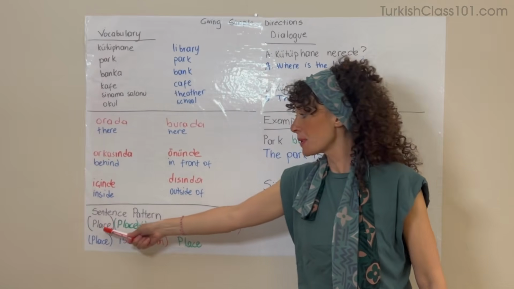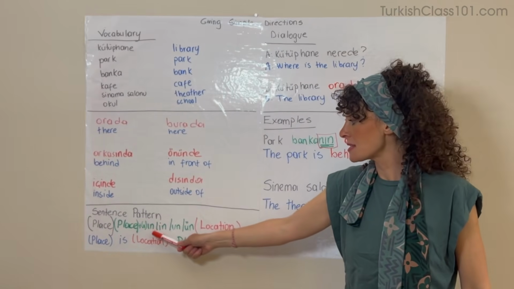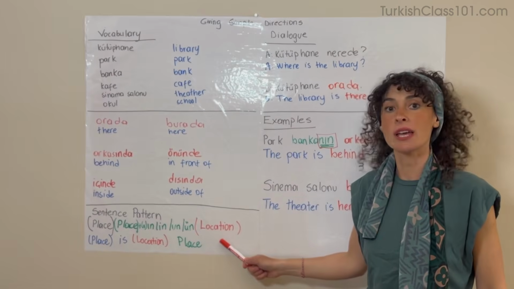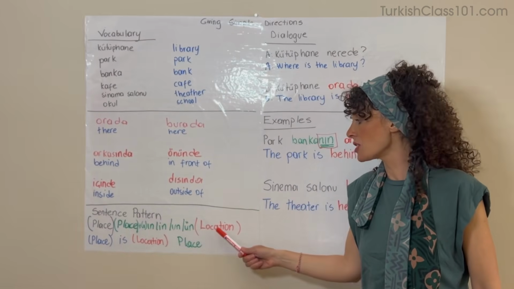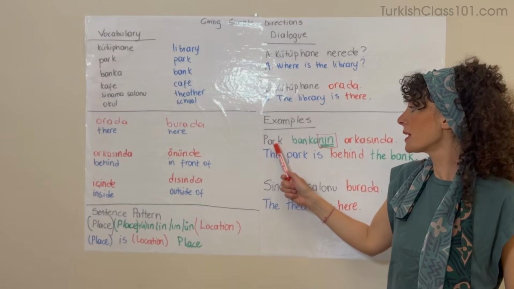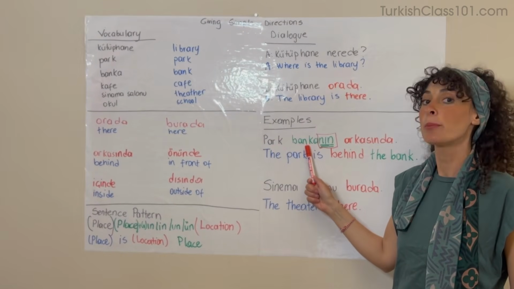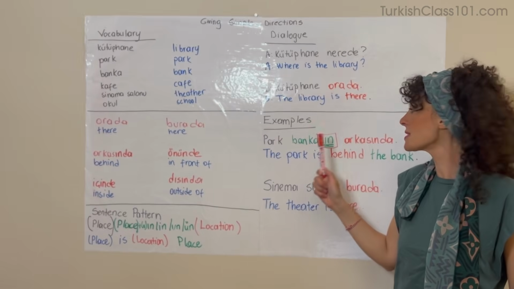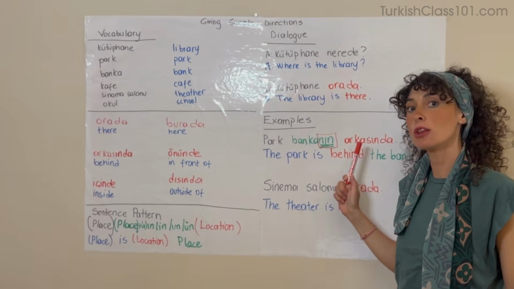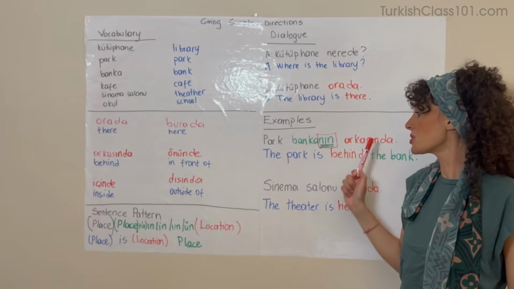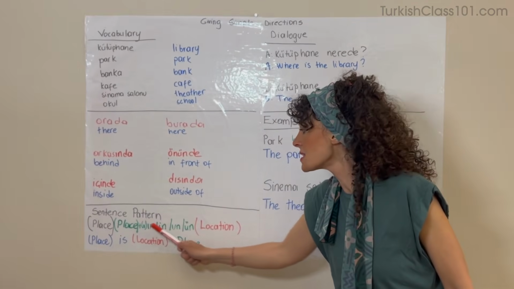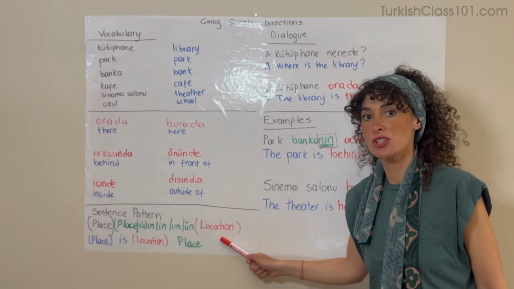First place is plain, second place is with a suffix, then a location. Park, place, bankanın, place with a suffix, arkasında, location.